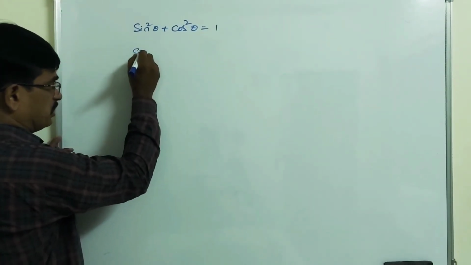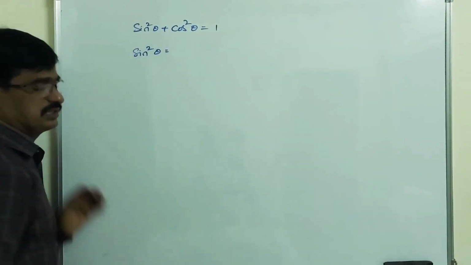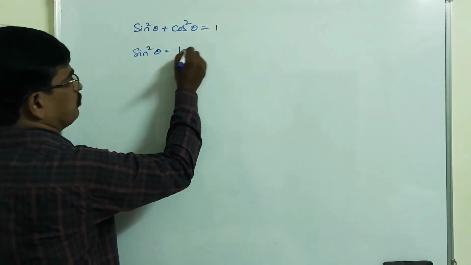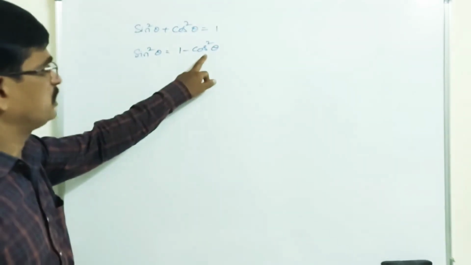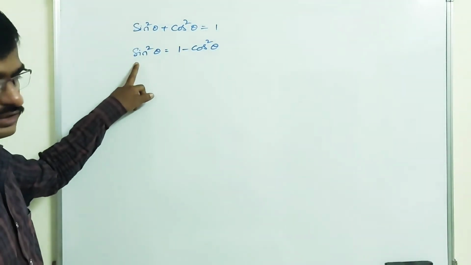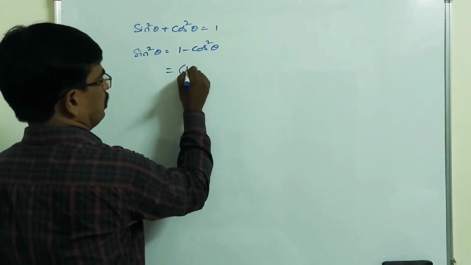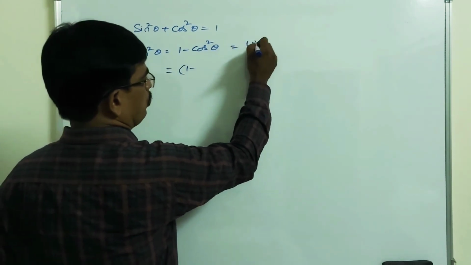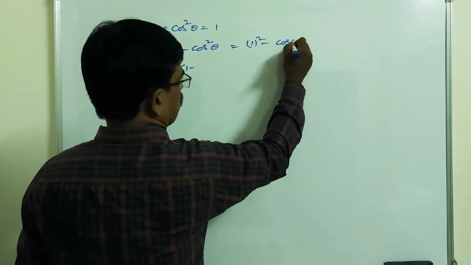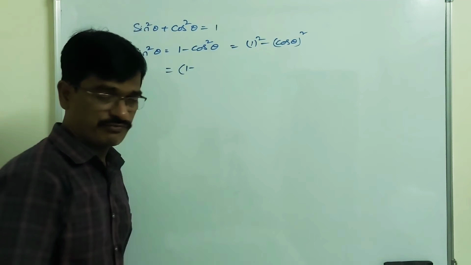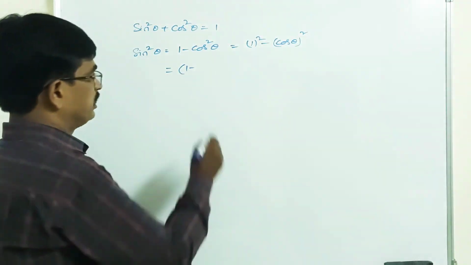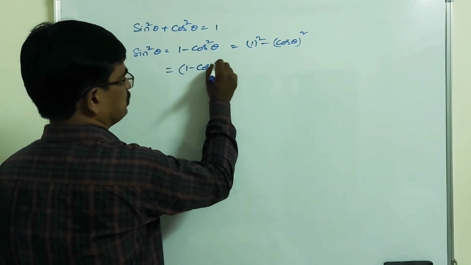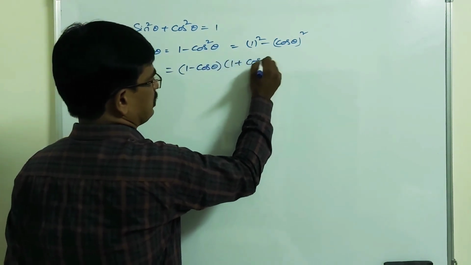Now if you make sin square theta the subject, then you will get 1 minus cos square theta. That is, if they give the cos theta value, then we can find sin square theta. This can be written as 1 whole square minus cos theta whole square. Now use it in the form of a square minus b square: 1 minus cos theta into 1 plus cos theta.